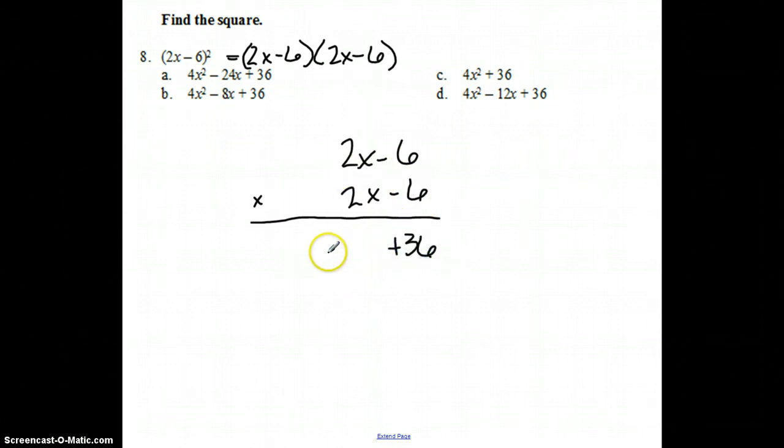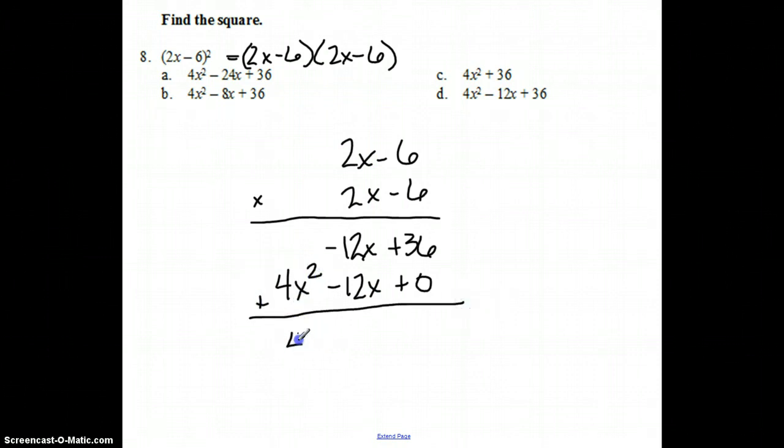Negative 6 times 2x is negative 12x. Add my 0. 2x times negative 6 is negative 12x. 2x times 2x is 4x squared. So 4x squared minus 24x plus 36. So that means that on number 8, my answer is going to be A.